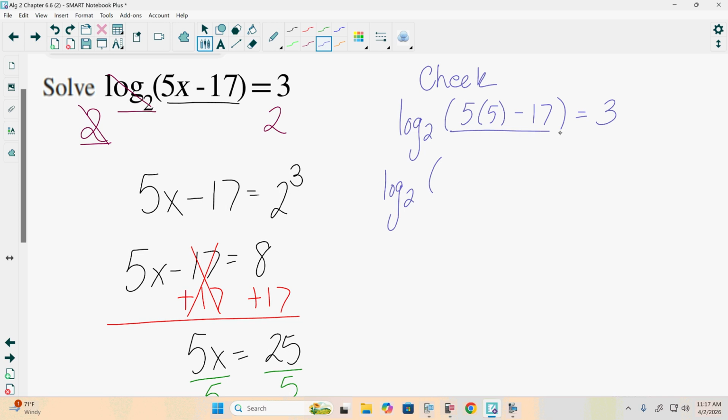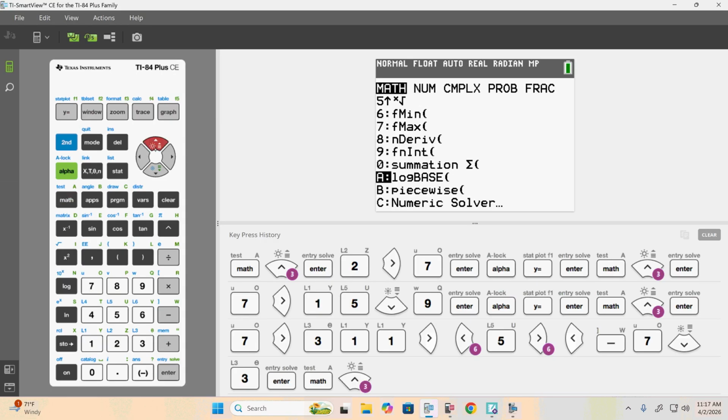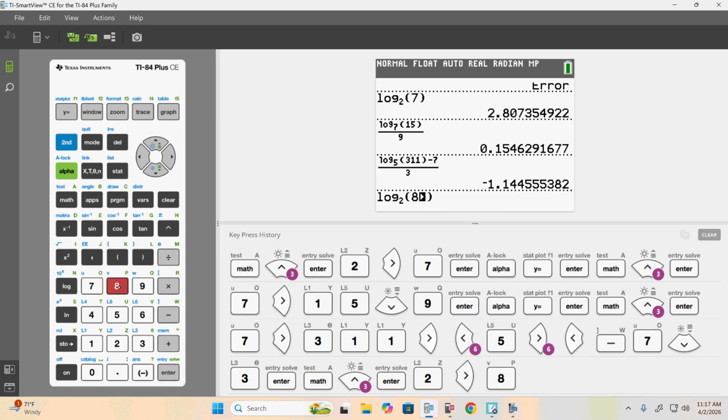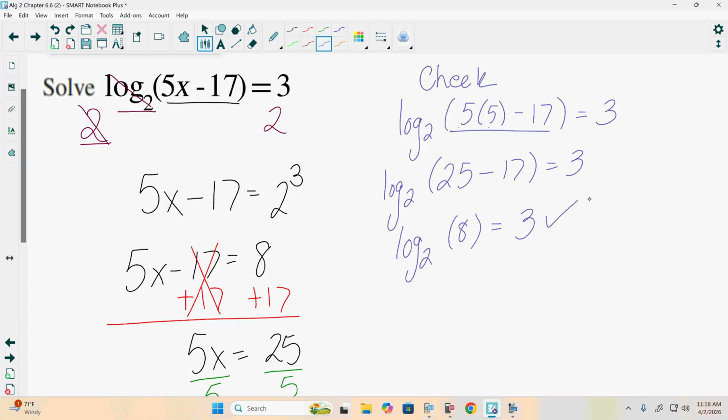If we did this by hand, 5 times 5 is 25, 25 minus 17 is 8, and log base 2 of 8 is indeed 3.